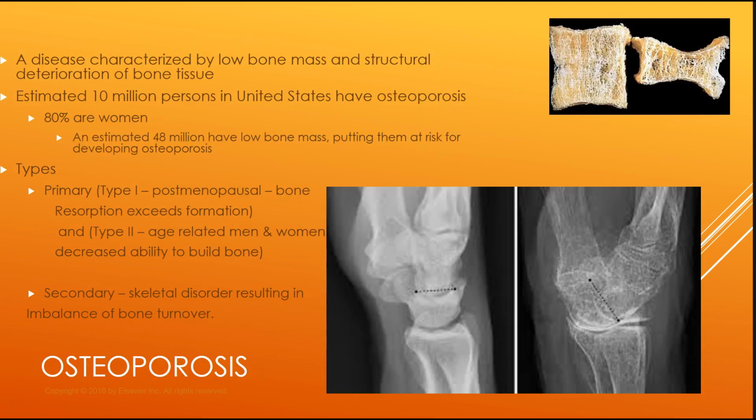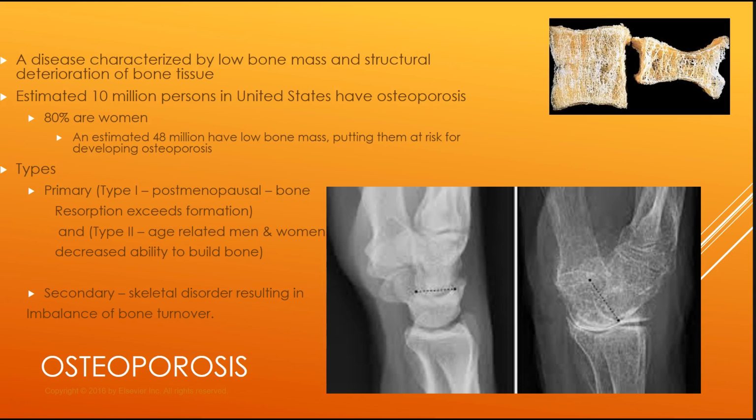Okay. Osteoporosis. This is a disease characterized by low bone mass and structural deterioration of bone tissue. As you can see in this picture on the right, this is a spinal vertebra. What happens with osteoporosis is the vertical parts of this network of bone mineral formation get thicker, but the horizontal parts decrease.